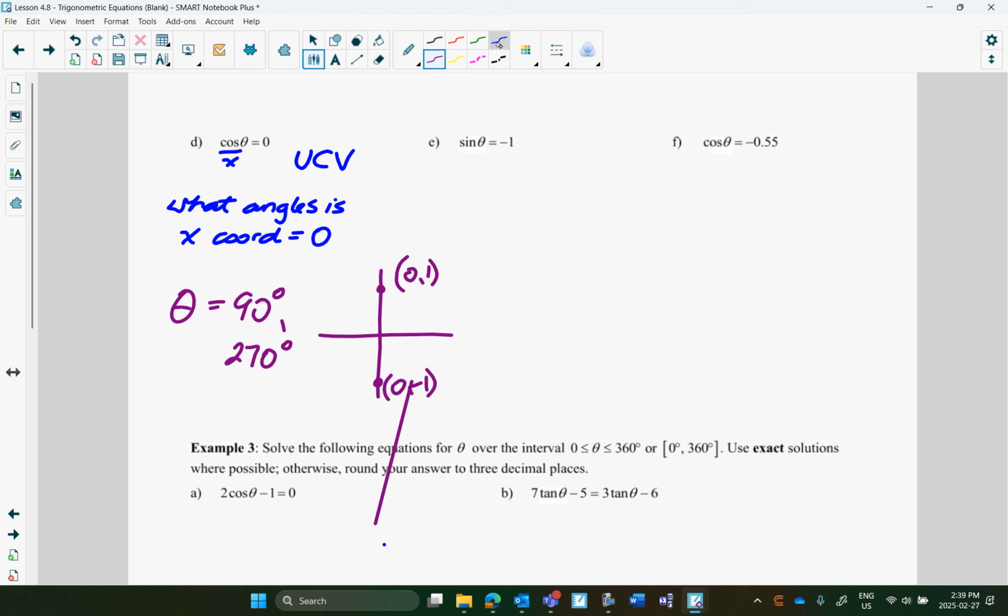How about this next one? Unit circle or the long way? Unit circle. So, what am I looking at here? I'm looking at, where is the y, or what angles is the y coordinate -1?